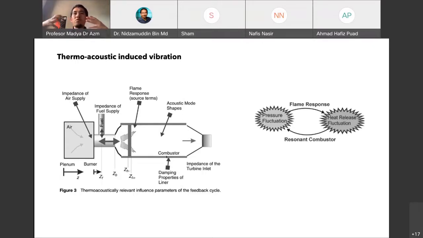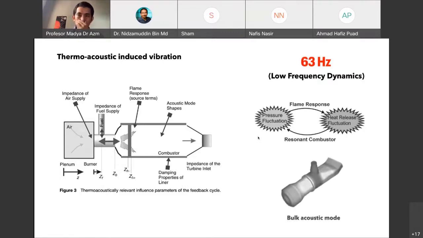But that kind of force is given back to the oxygen pipe, so the oxygen pipe is vibrating very heavily. So it's considered low frequency dynamics, and the excitation inside the chamber is a bulk acoustic mode, meaning the whole pressure inside the chamber uniformly excites the oxygen.